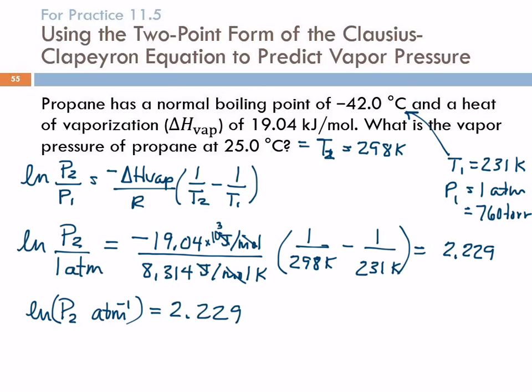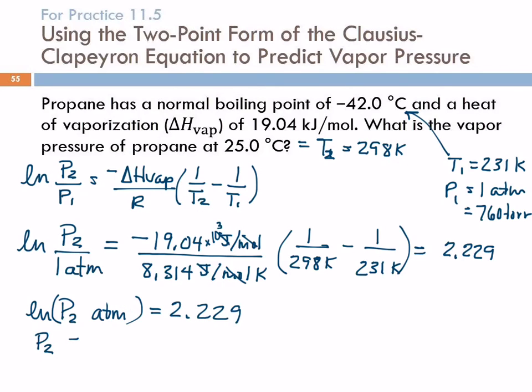How do I find out what P2 is? We need to do the opposite function of natural log, which is e to the x. So this means that P2, it's not to the minus, it's just atmospheres.